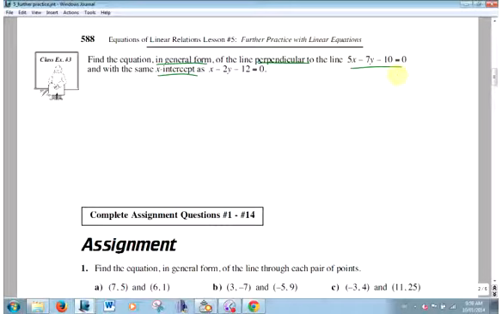I have no idea. I won't know until I put it in slope y-intercept form. So let's do that. I have to make it look like this. I have to solve this for y. So take the 5x and chuck it over there. Take the minus 10 and chuck it over there. When I take something and put it on the other side of the equal sign, what happens to the sign, Calvin?